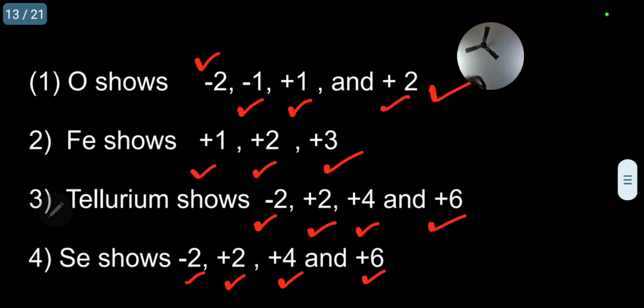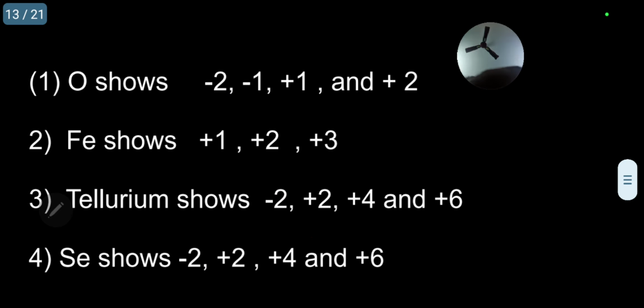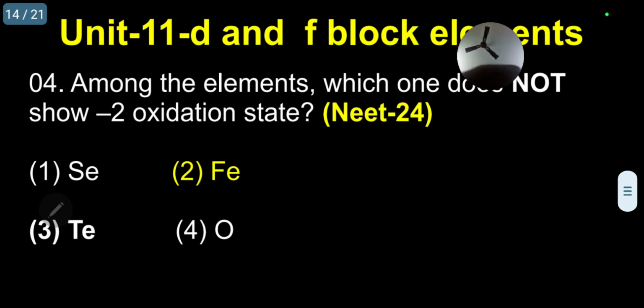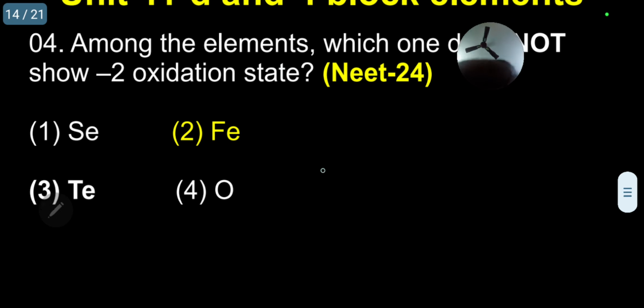Which is not having -2. Oxygen has -2, tellurium has -2, selenium has -2. So the only answer is iron. That is, number 2 is the correct answer.